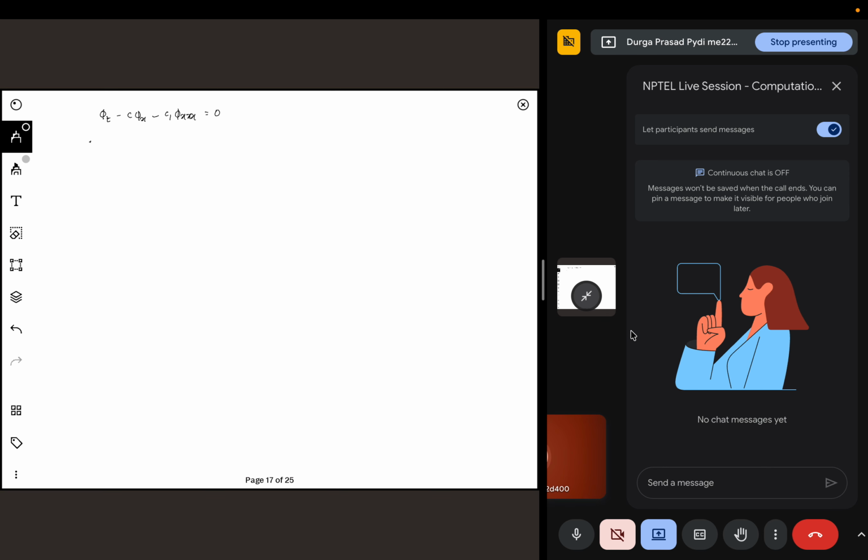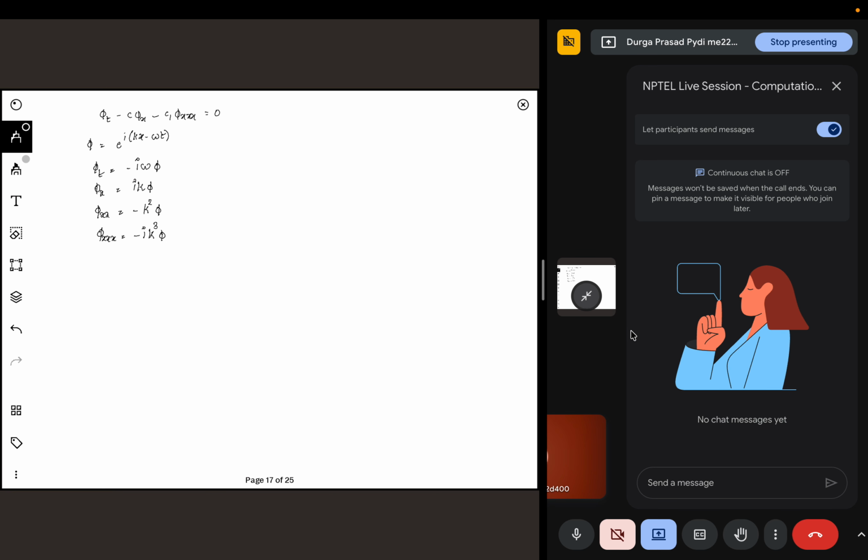So if I have a harmonic solution phi, something like e to the power i times kx minus omega t, then phi t, the first derivative, will be minus i omega times e power whatever we have. Similarly phi x is ik phi, phi double x is going to be minus k square times phi, since ik squared is minus k square, and then for the triple derivative, I'll end up getting another ik times phi.